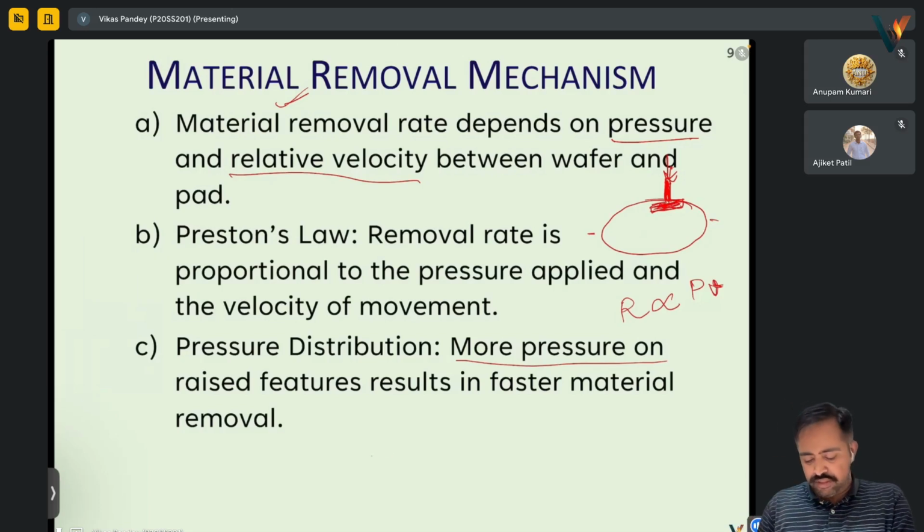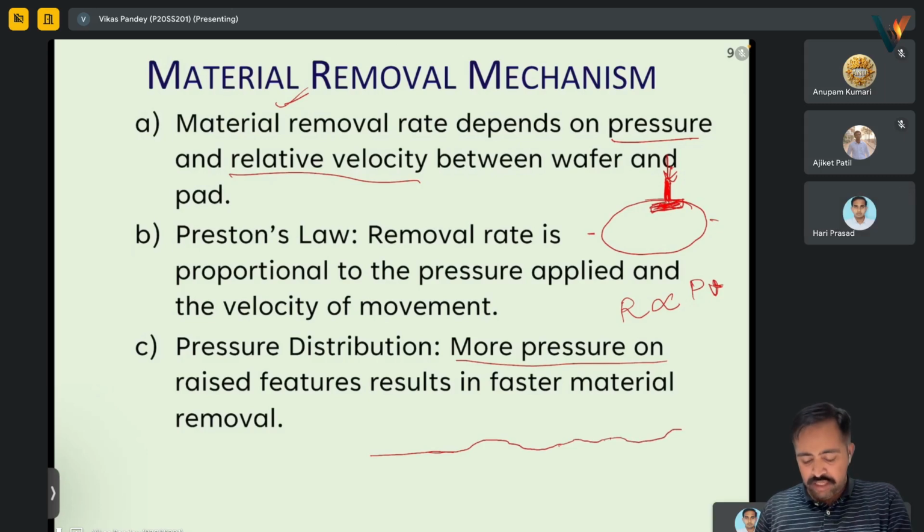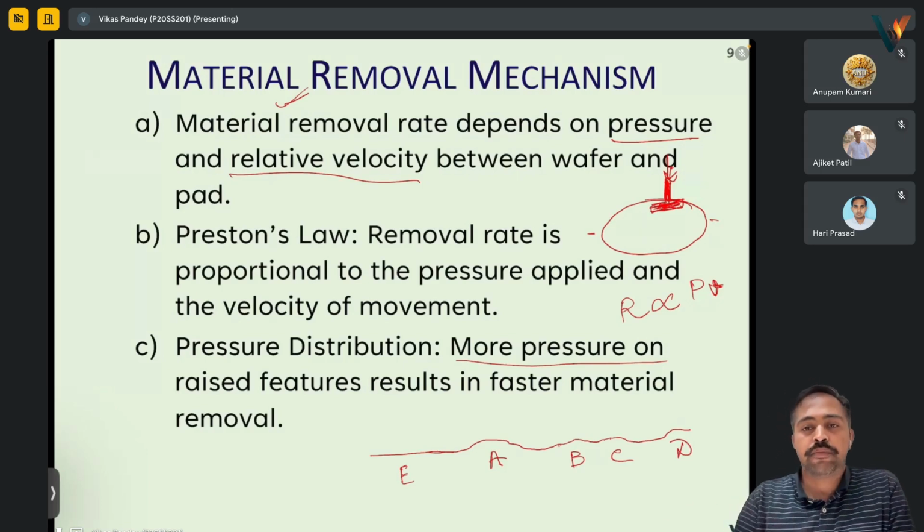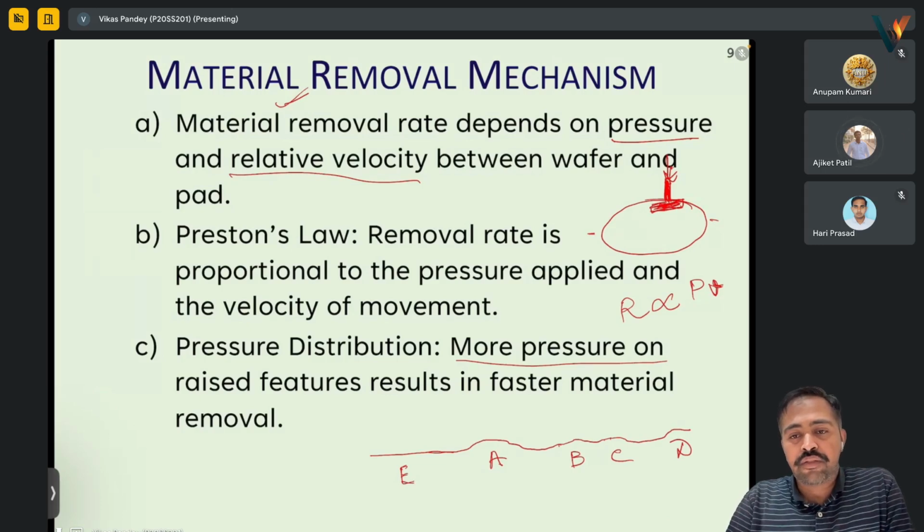Like if we have a feature like this, some non-planar deposition has occurred, and if we want to planarize this, in what area will the planarization be more? If we are saying A, B, C, D, and say E. Can anyone tell me in which area we will give the highest pressure for planarization in all of this?